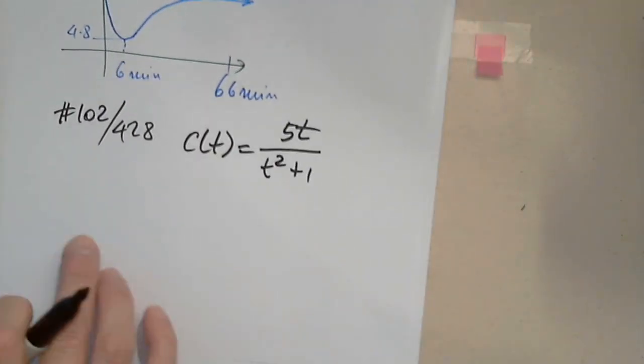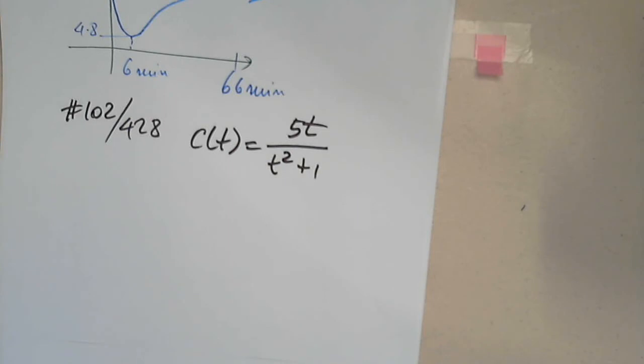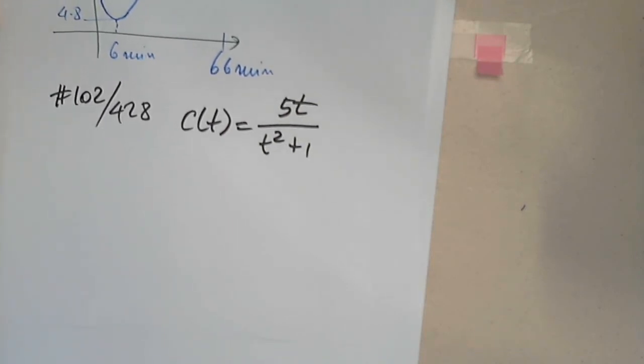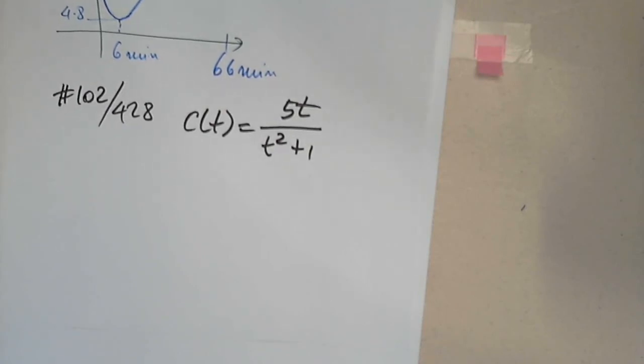Okay, what type of function is it first? And then in that category, what type is it? So is it radical? Is it quadratic? Is it rational? What is it? Rational.